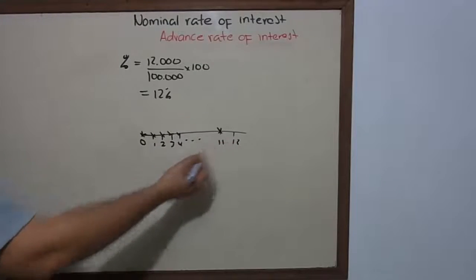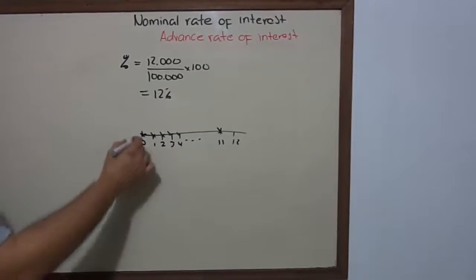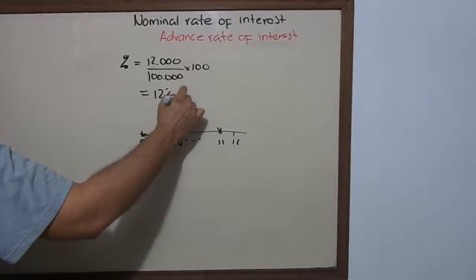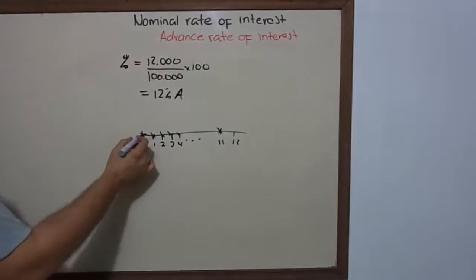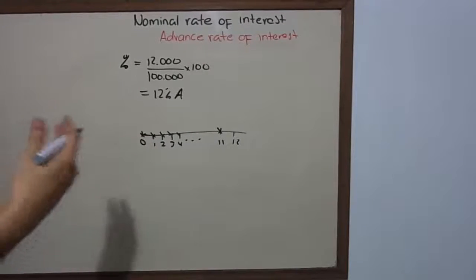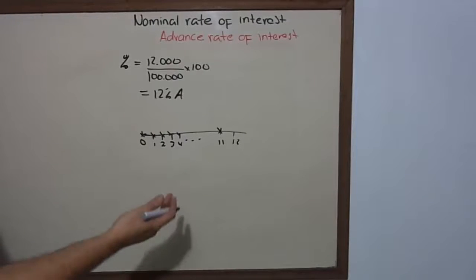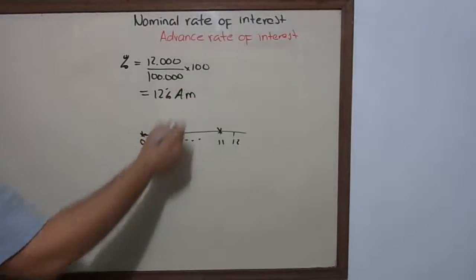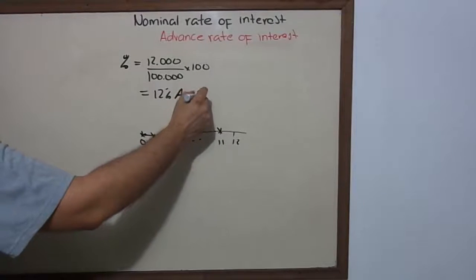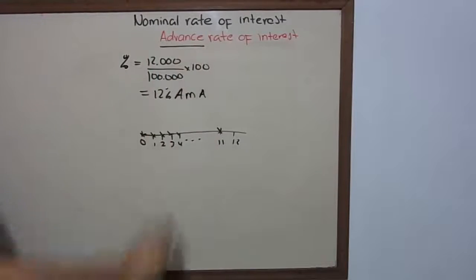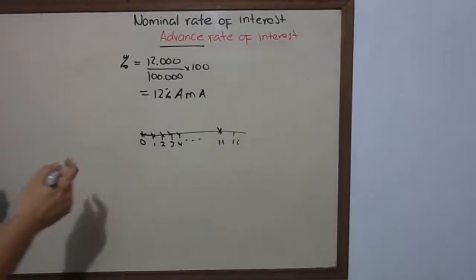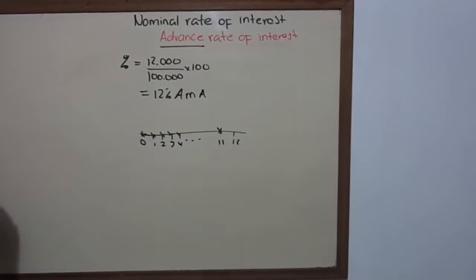So this is an advanced rate of interest. It means that for a year, annually, we receive the money of our investment in a monthly manner, but in advance, as you can see here. And this is the rate of interest that we're having.